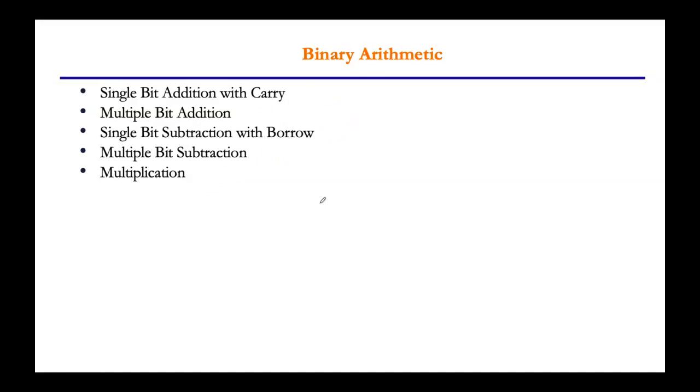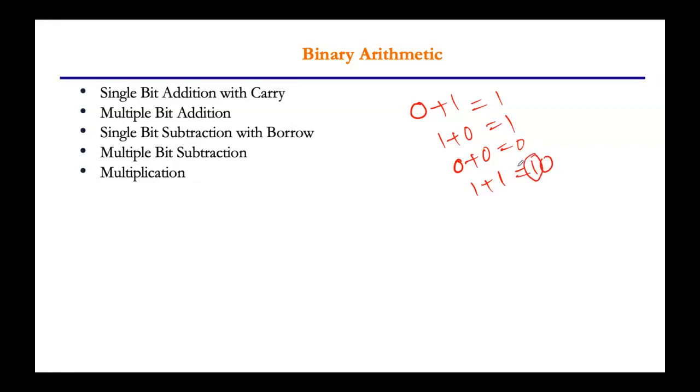So what is single bit addition with carry? That means, as we know, the binary numbers represent zeros and ones. Single bit means adding 0 plus 1 is 1, 1 plus 0 is 1, 0 plus 0 is 0, 1 plus 1 is equal to 10.